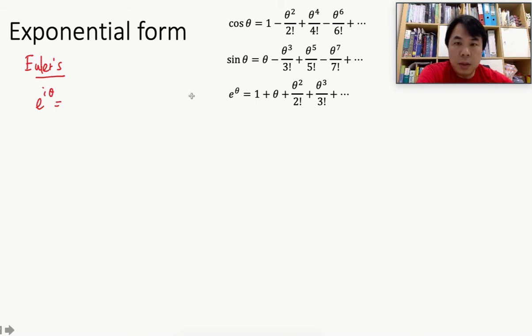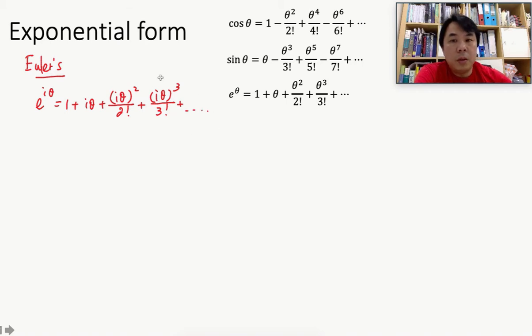So e to the i theta, by using this series here, we can write down as 1 plus i theta plus i theta squared, and then you have this, and so on and so forth. That will be our series, and then we try to simplify this algebra.